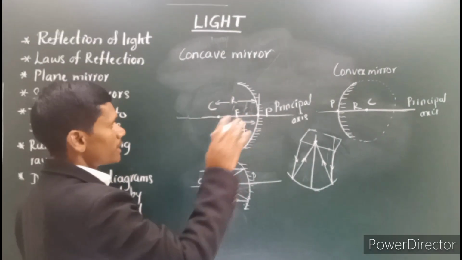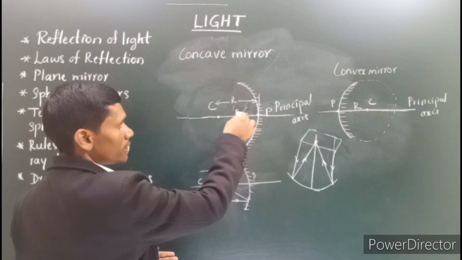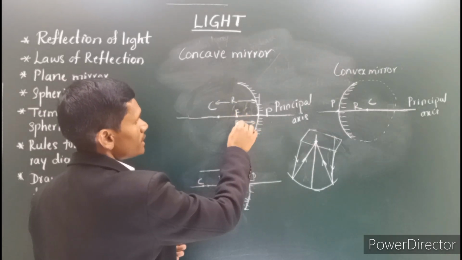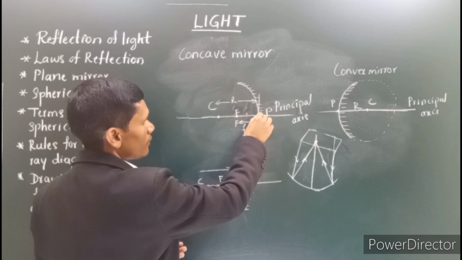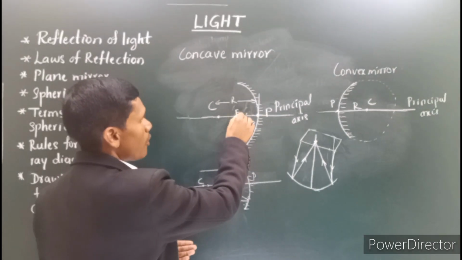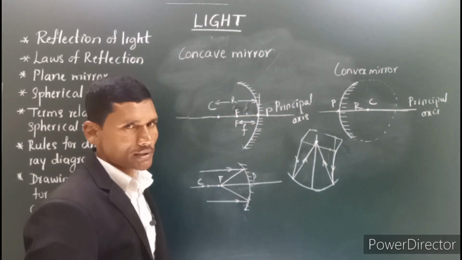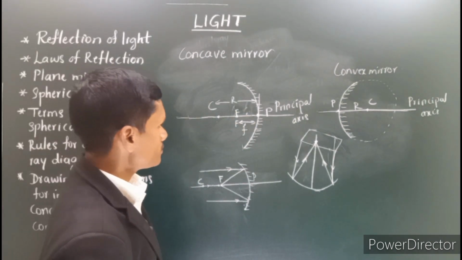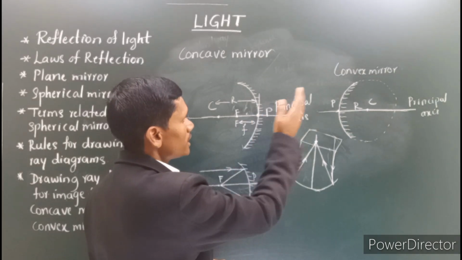Okay, keep it remembered. In order to show the focal point, I have shifted it upward, right? Now, the distance between this principal focus and the pole of the mirror is called the focal length. Okay, and this point is called the principal focus. Now you have to observe two properties here in case of a concave mirror and in case of a convex mirror.